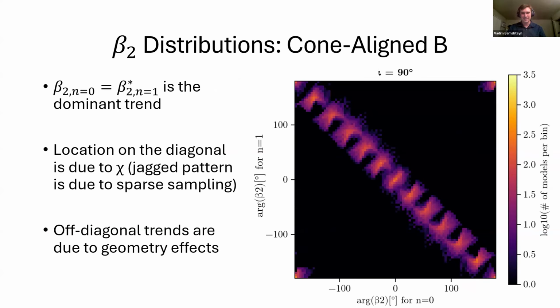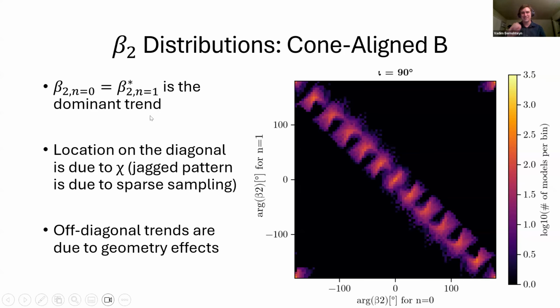That's a really cool idea. That's a great point. Yeah, so definitely the conjugation of the two beta 2s is what we expect to see. And if it's not what we see, it means something weird or interesting, depending on how you want to phrase it, is going on.